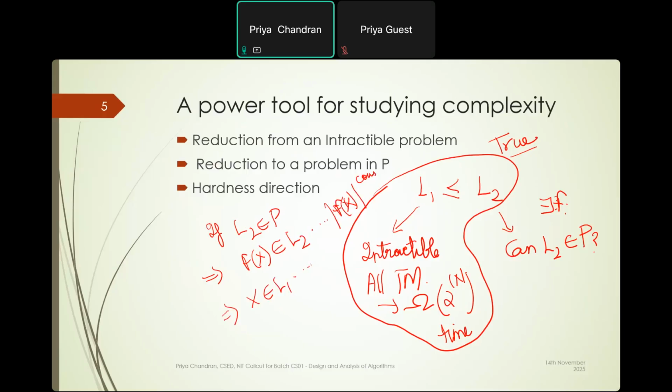Now the length of f(x) is order of length of x, so we know the time is order of length of x raised to some polynomial.